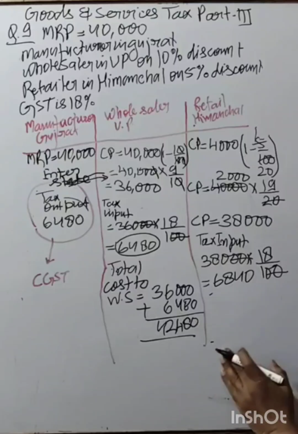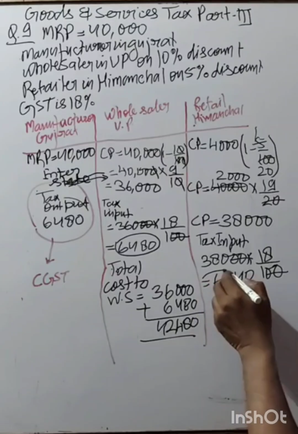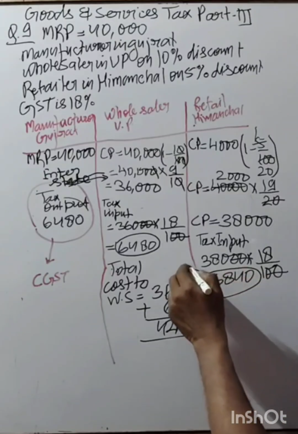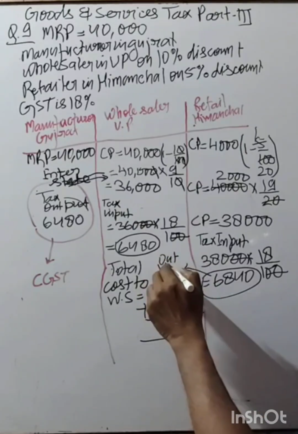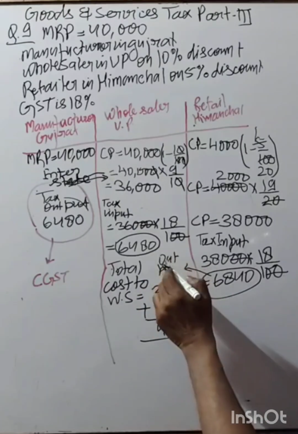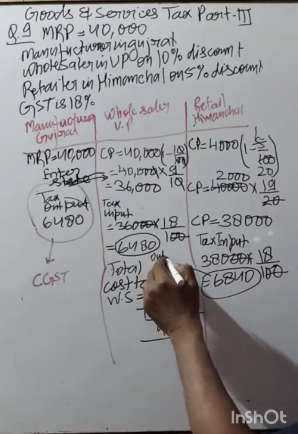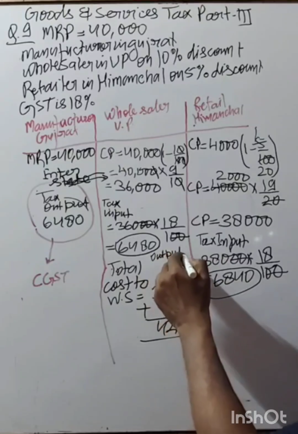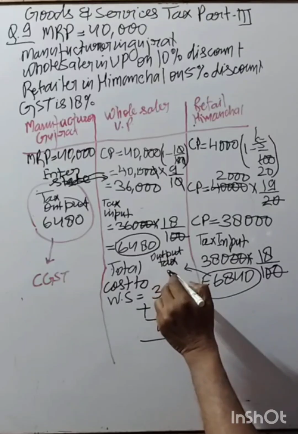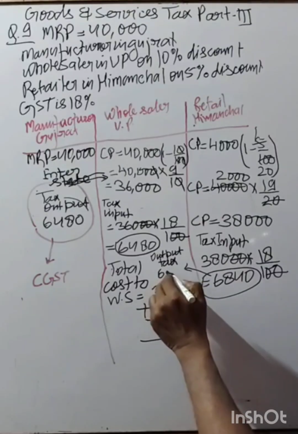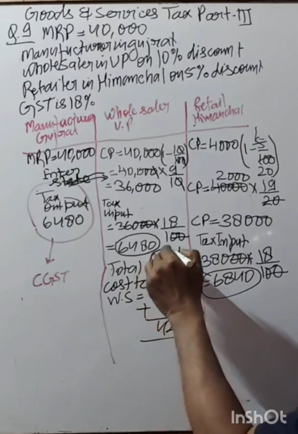So this is output tax. Output tax is 6,840. Right? This is output tax.